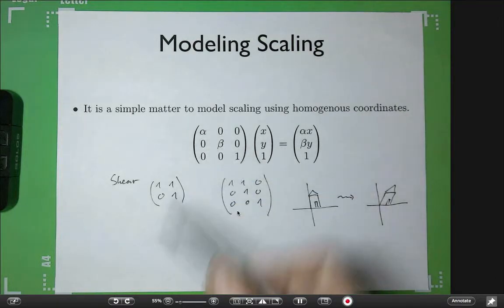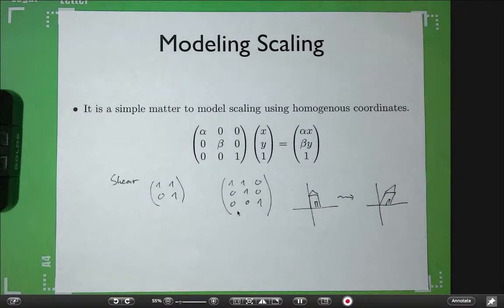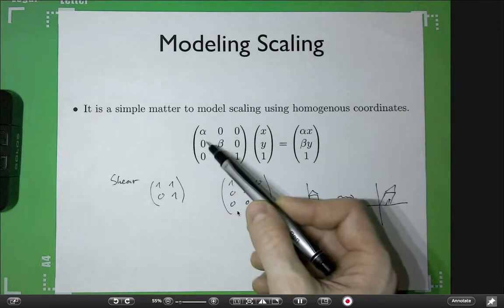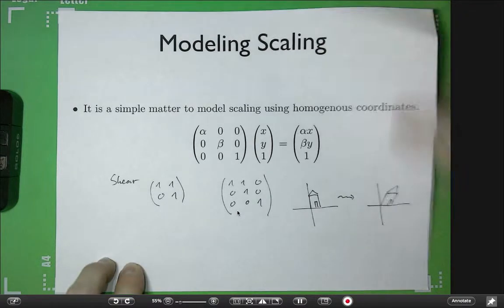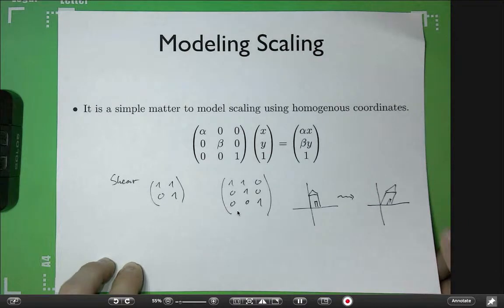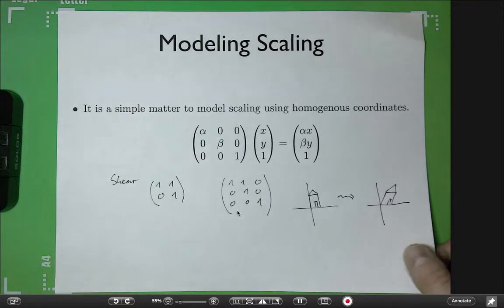In the x-axis, if alpha is less than 1, it's squished, making it shorter. If alpha is bigger than 1, it's making it longer, and the same for beta in the other axis. Scaling sometimes might be useful. Most important are really the rigid body transformations, because if you have a robot composed of rigid links, those are rigid bodies.